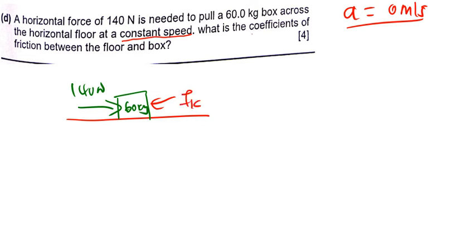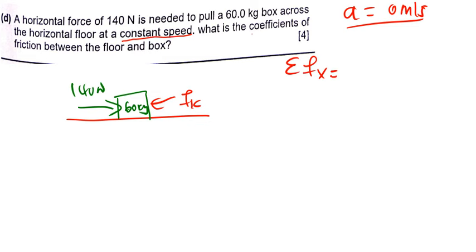The question is to find the coefficient of friction. We take the summation of all the forces in the x direction, since the object was moving in the x direction. We're not interested in the forces in the y direction because it is horizontal, meaning the forces in the y direction cancel out.